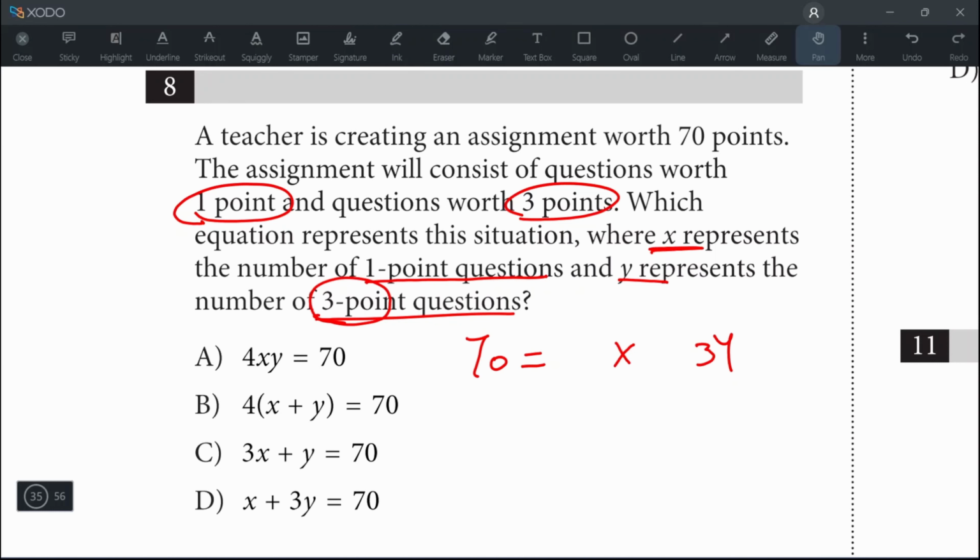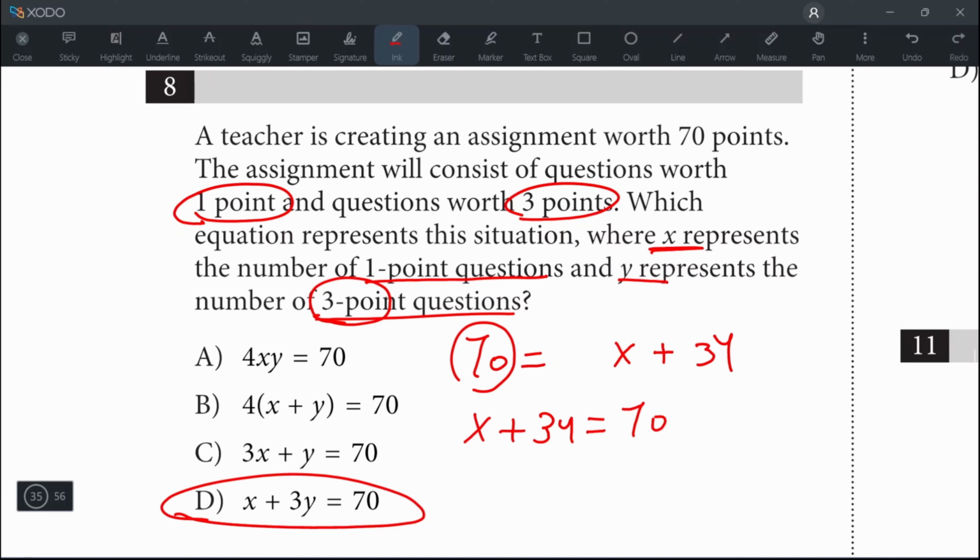You should also notice that adding these two values, x and y, will give us the total points of the assignment, which is 70. So the final answer is x plus 3y equal to 70. So choice D is the correct answer. So it is an equations word problem question.